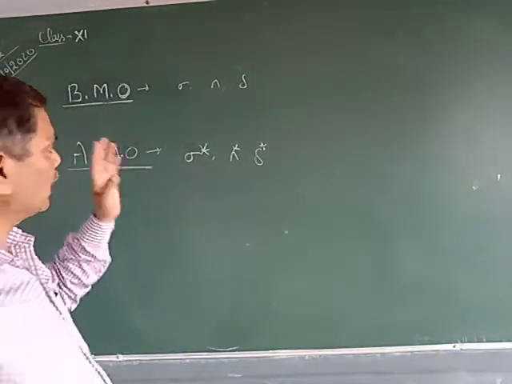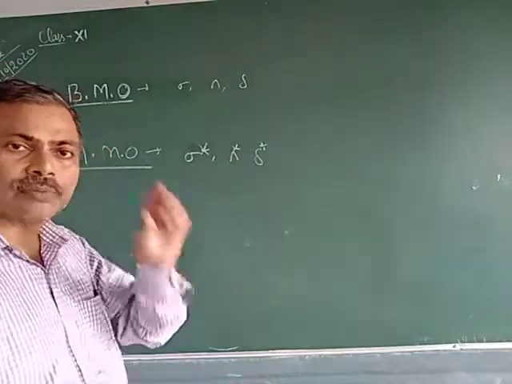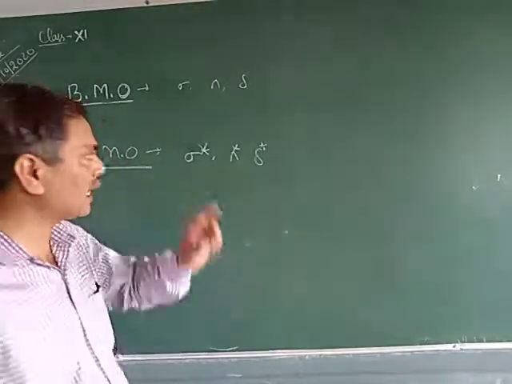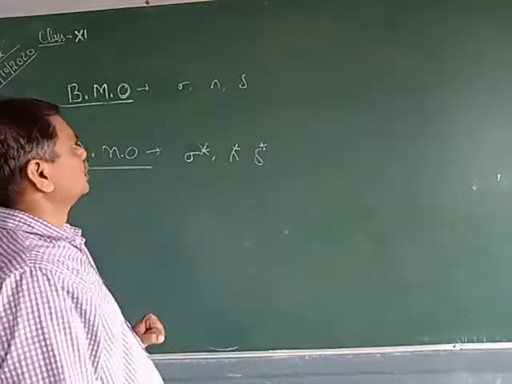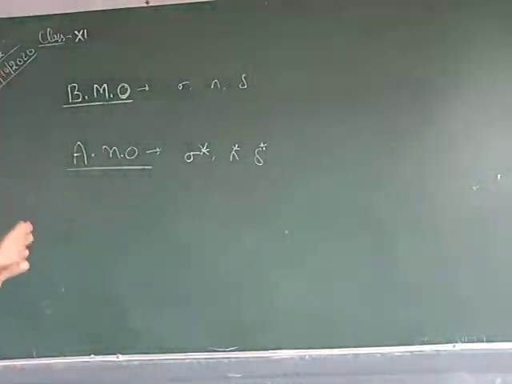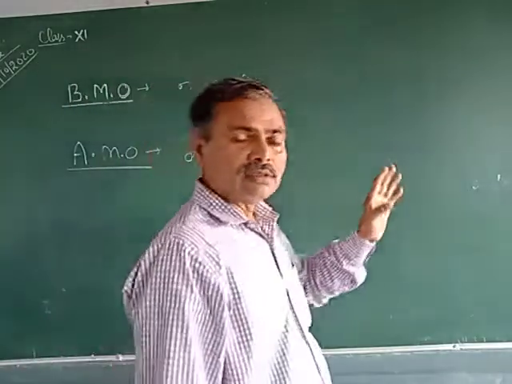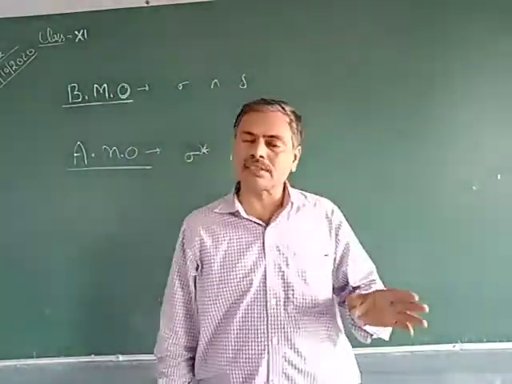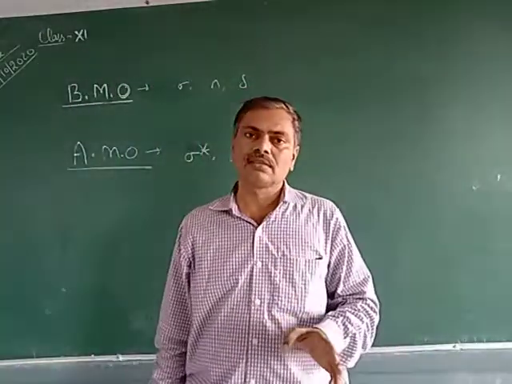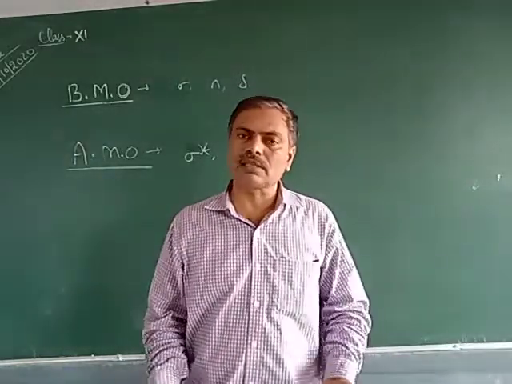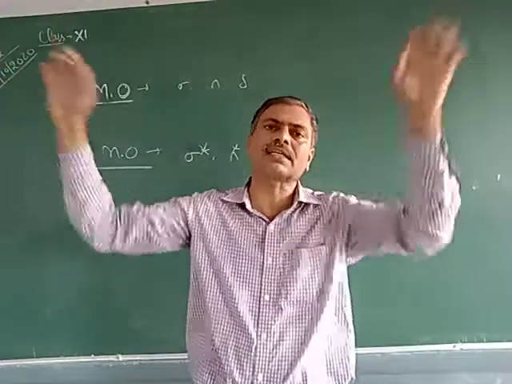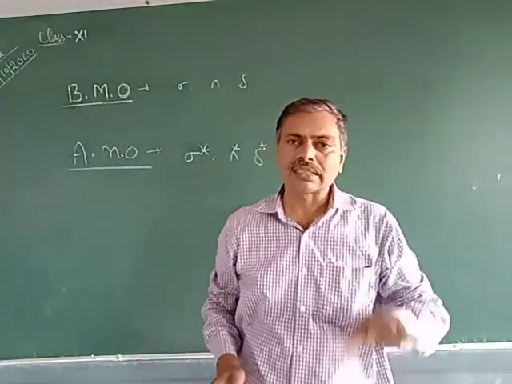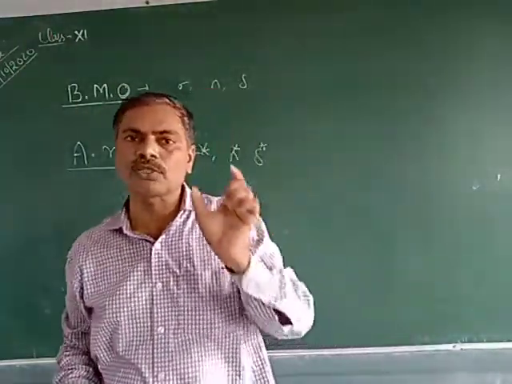Whatsoever explanation I am giving in this video, you have to note each and every point in your copy, because this is a very important theory. Many questions are asked from this lesson in the board examination as well as in competition examinations.